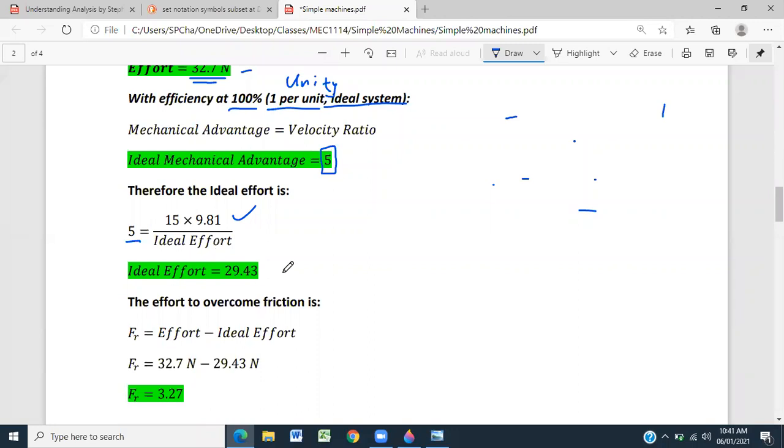So the ideal effort is equal to 15 times 9.81 divided by 5, which is 3 times 9.81, which is 29.43 newtons. Okay. Any questions on this little piece here?